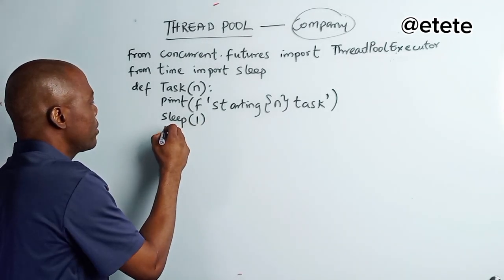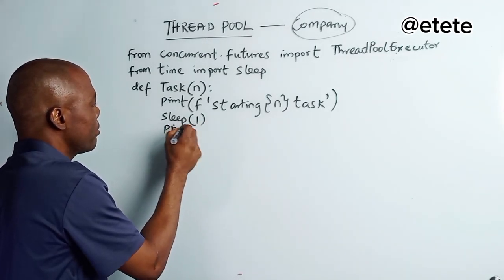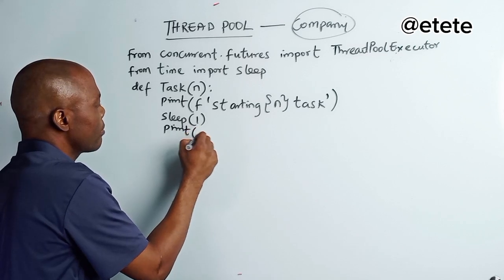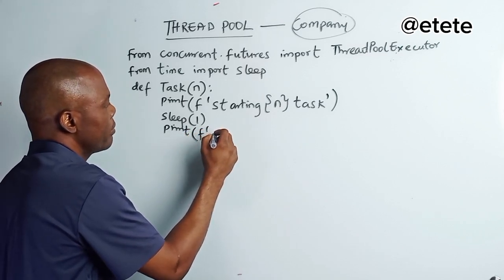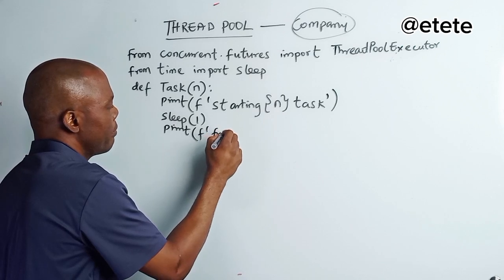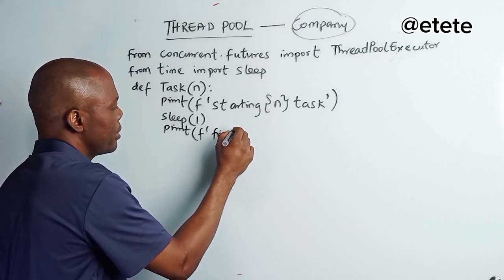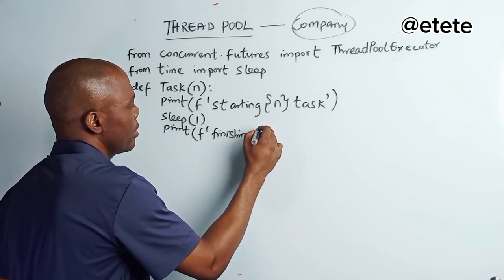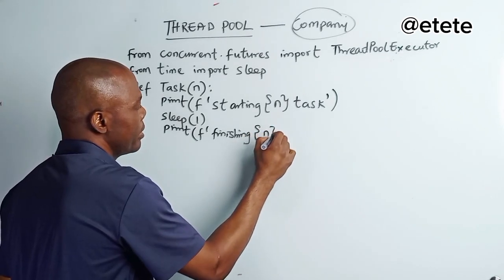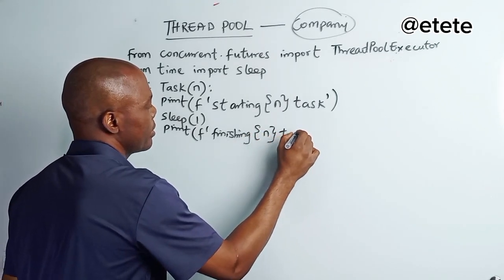Then here I will print a format string, finishing n task.